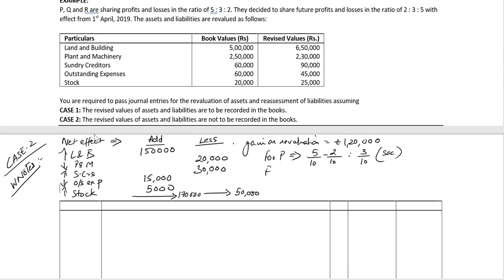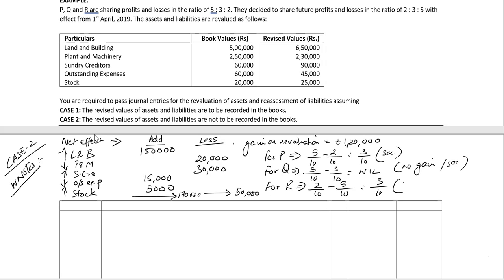For Q, old share 3 by 10 minus new share 3 by 10, nil for Q, no gain or sacrifice. And for R, old share 2 by 10 minus the new share 5 by 10, negative 3 by 10, and R has gained.